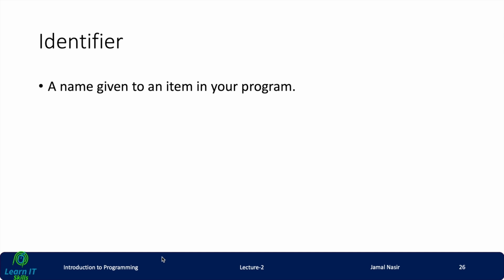Identifier: a name given to an item in your program. It could be a method name, a class name, or a variable name. So yeah, this is an identifier. It must start with a letter, underscore, or dollar sign, nothing else. Okay, the starting character of any identifier in Java should be only these three things: letter, underscore, or dollar sign.